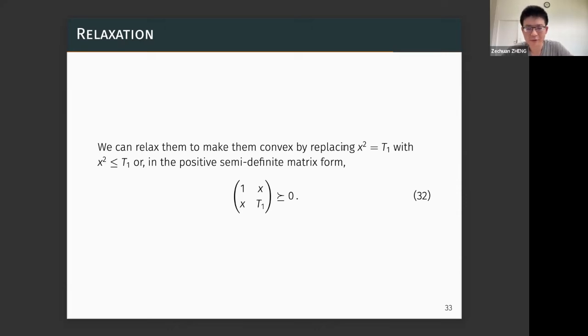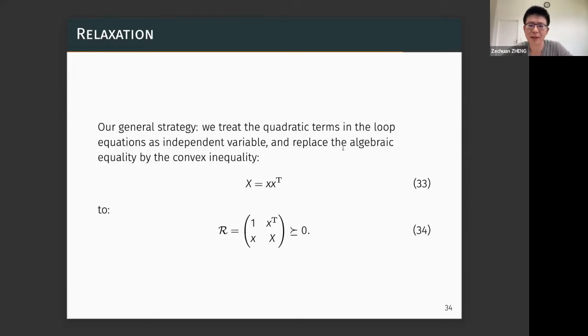So what we have done is forget that T1 is the square of x, and this new variable T1 is subject to a positive semi-definite matrix condition. This can be generalized to the vector case. Suppose x is a column vector of Wilson loops, and we introduce a new matrix in place of the quadratic terms in the loop equations.